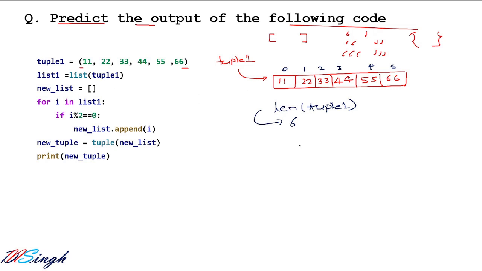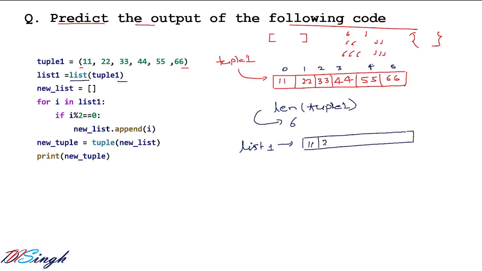Then we have declared one more variable, called list1, and in that list1 we have applied a function called list, which is a constructor that converts any sequence into a list. So now this is another variable holding the same elements but in the form of a list.